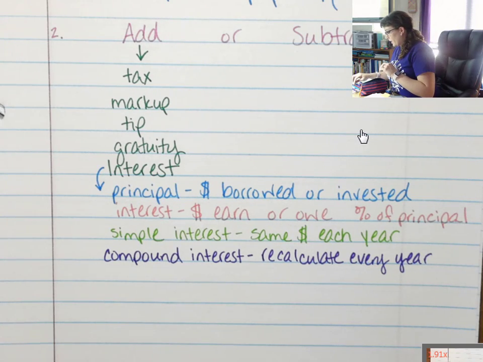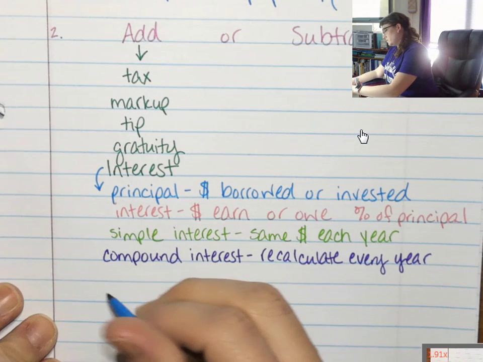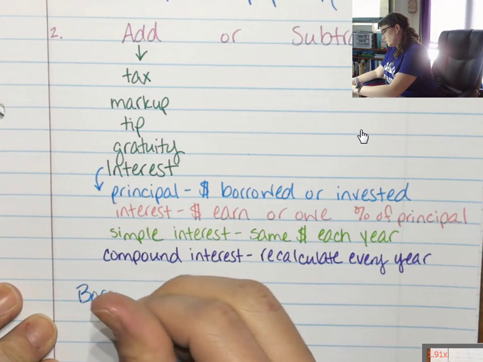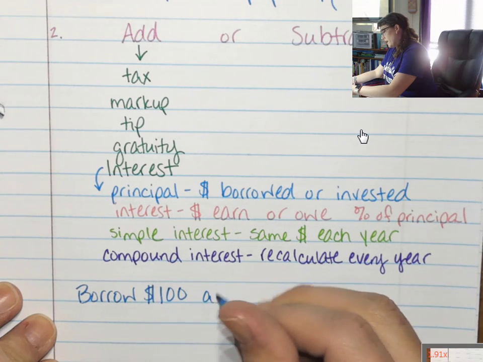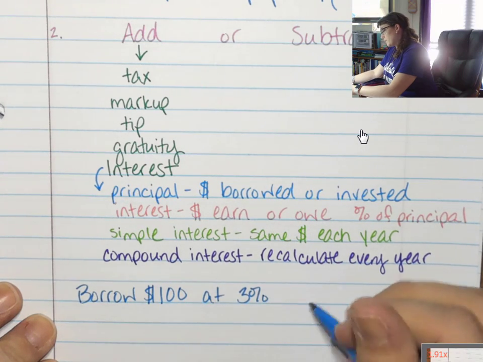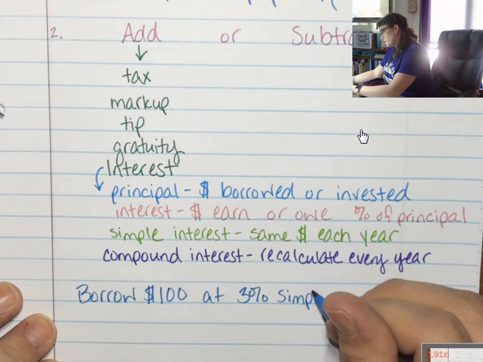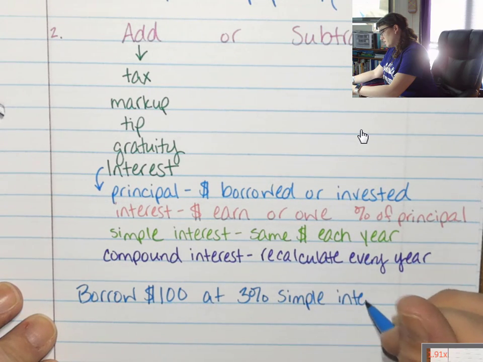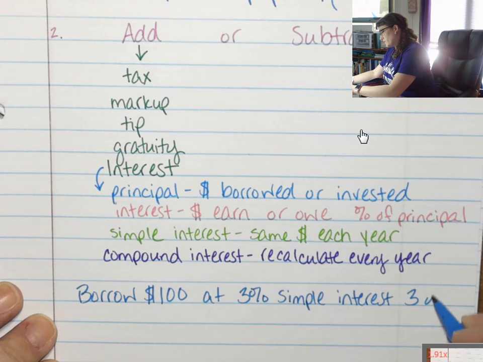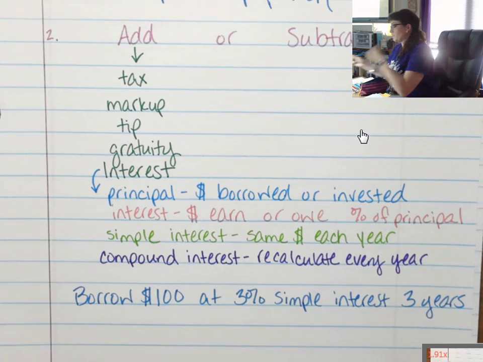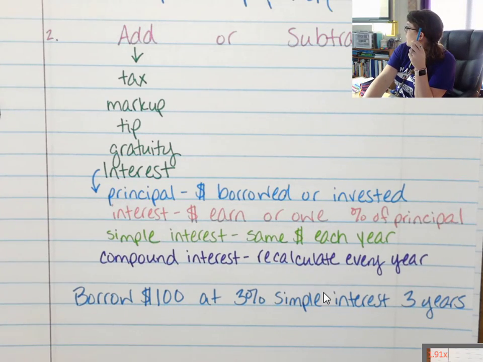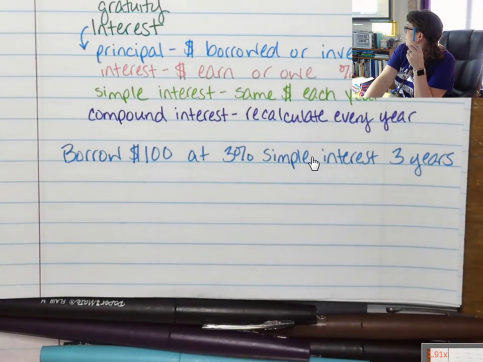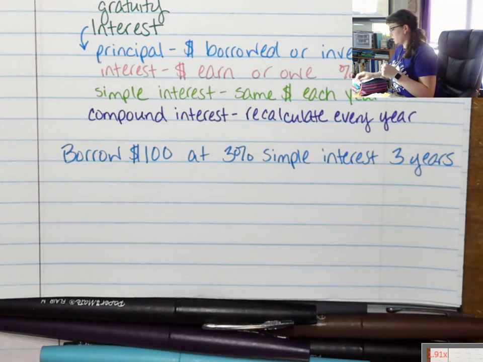All right, here's a quick example. If I were to borrow $100, let's keep it easy, at 3% interest, simple interest, for 3 years. Borrowing $100 at 3% simple interest for 3 years.